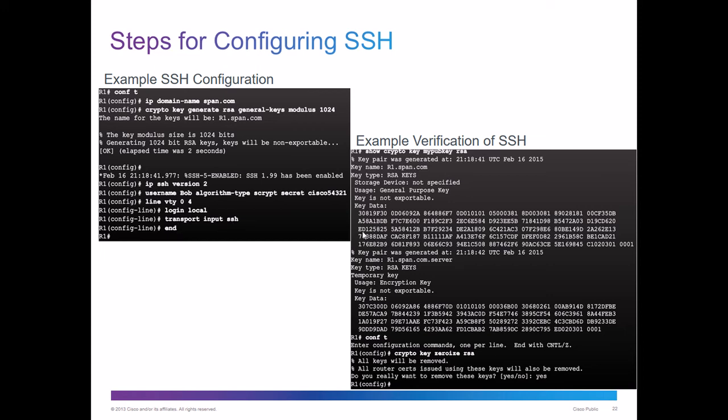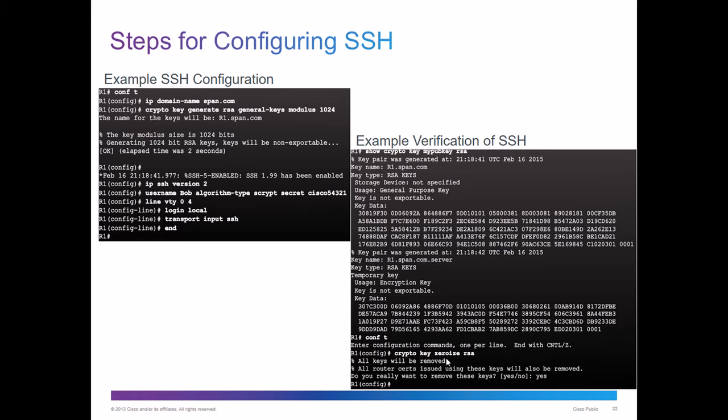All right. You can actually see your public key, by the way, by typing show crypto key mypubkey rsa, and this is what really shows up. This is all in hexadecimal. It's a huge number. The private key you will never be able to see, by the way.